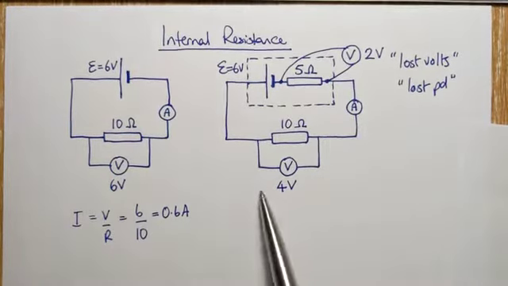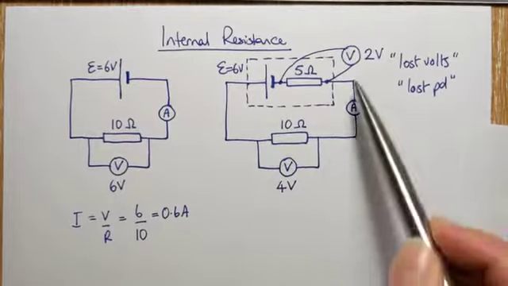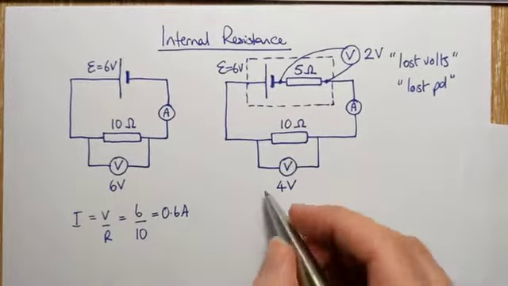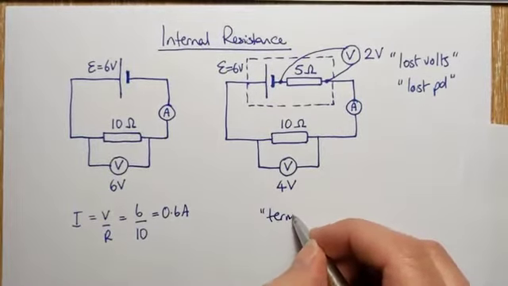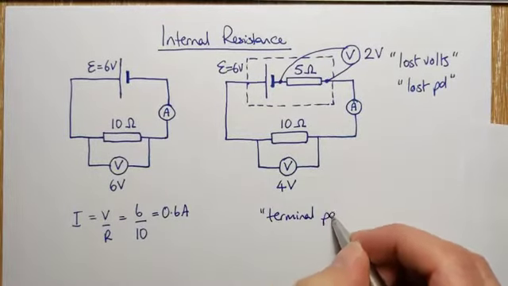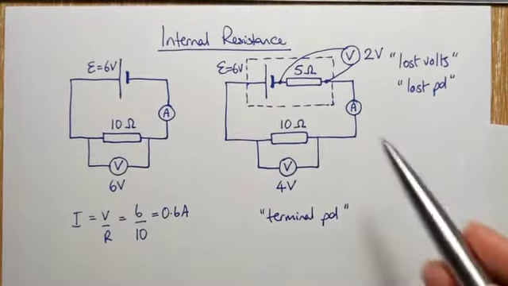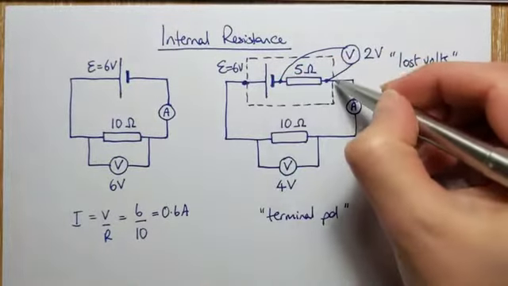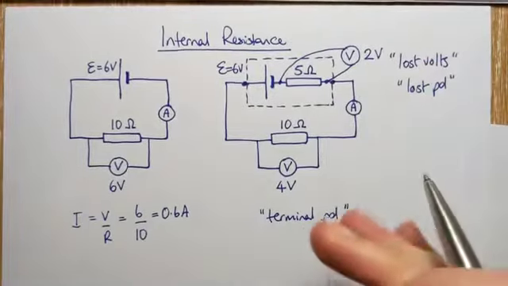So the PD that we can get at, which is in the outside part of the circuit, is called the terminal PD. And that's because the outside of the circuit is sort of from one terminal to the other terminal of the cell.